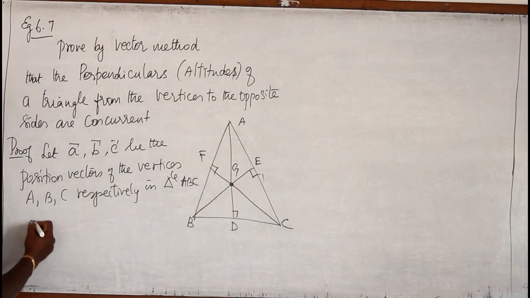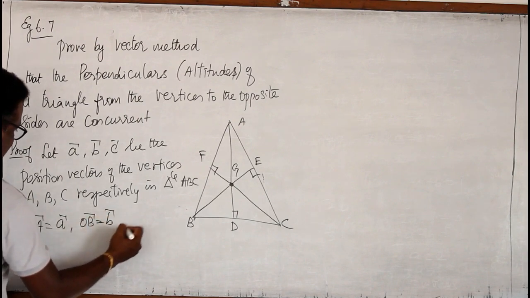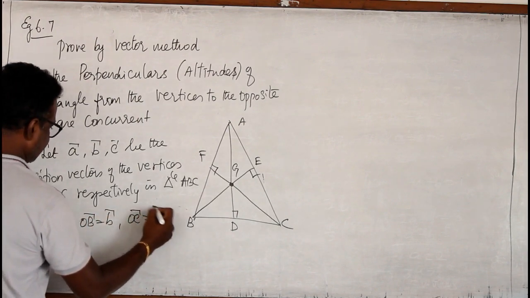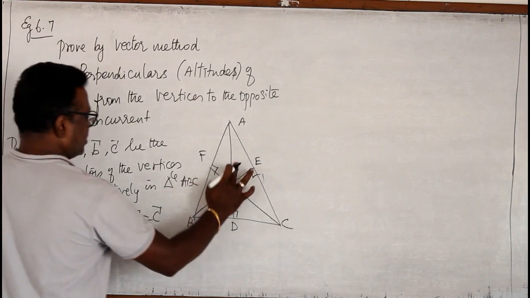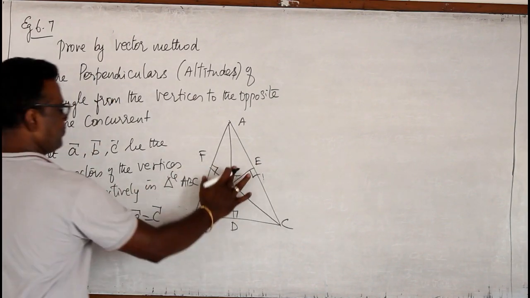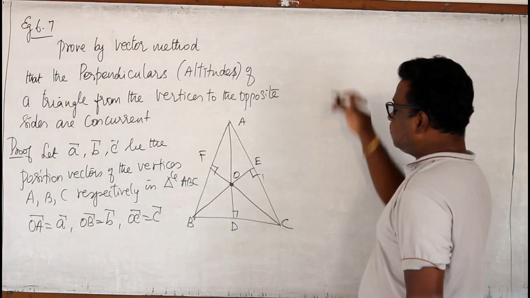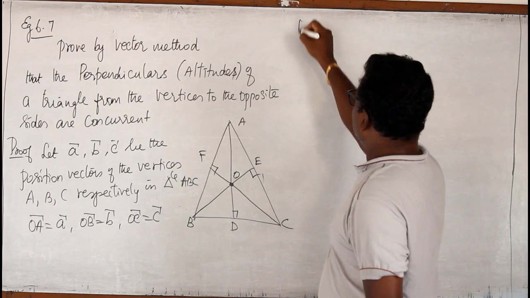That is, OA vector equal to A vector, OB vector equal to B vector, OC vector equal to C vector. So, for convenience, let me take this point as O. Now, the proof.